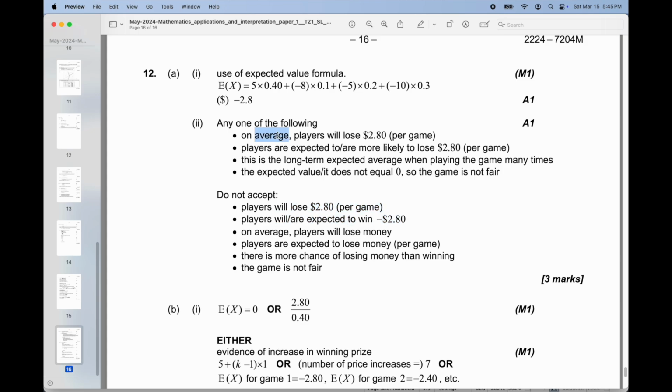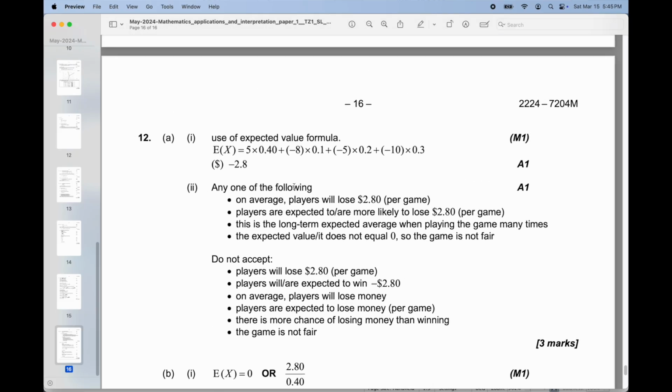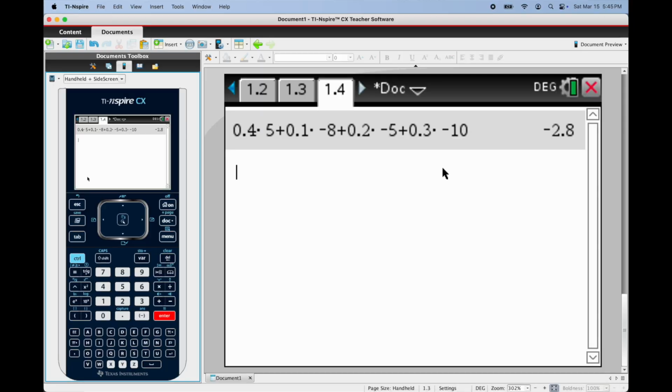Keyword is average, our long-term average. I guess this one is just too vague. So expected value does not equal 0, so the game is not fair. I think these are all fine, as long as we say that on average our losses are going to be this loss of $2.8 on average.